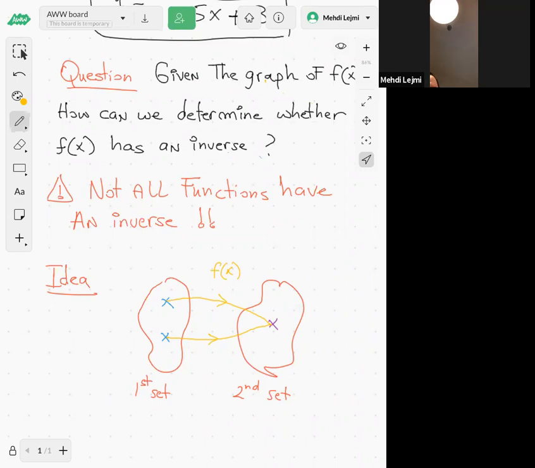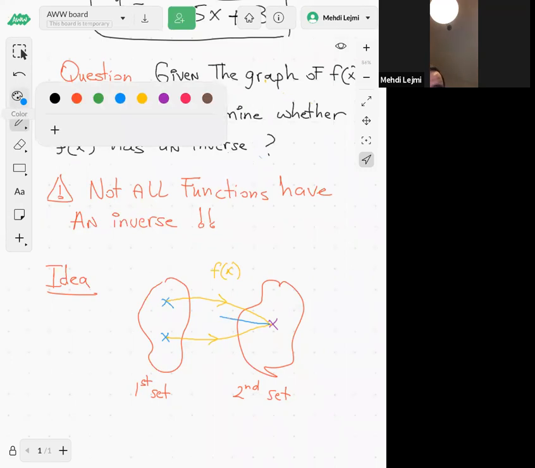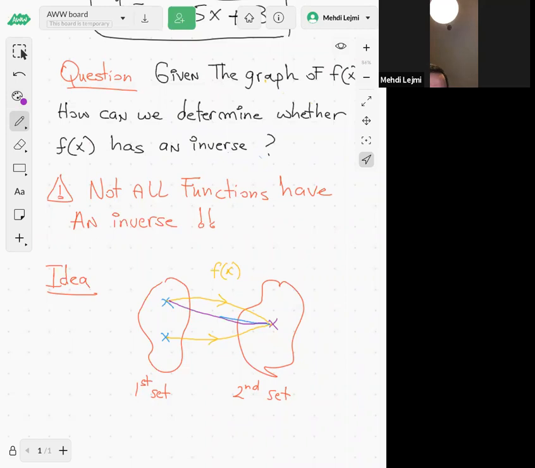So if I want to find the inverse of this function f, what I will do is I'm going to reverse the arrows. Let's say I'm going to go now from this point to this one, and I have to reverse this arrow as well.